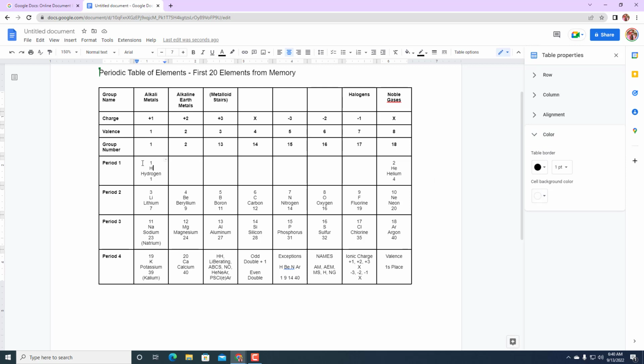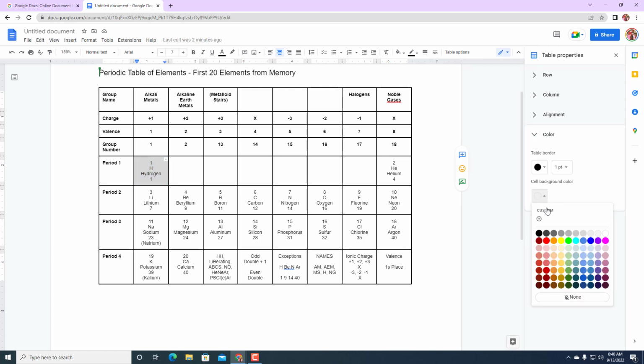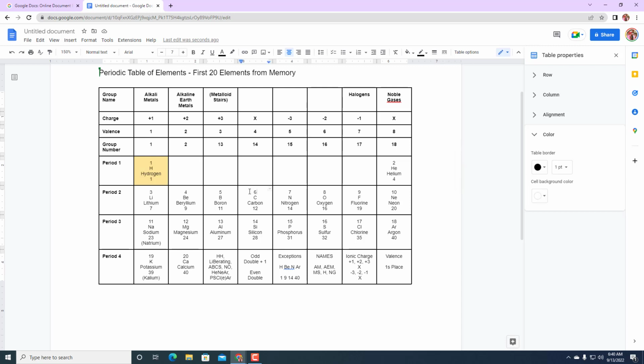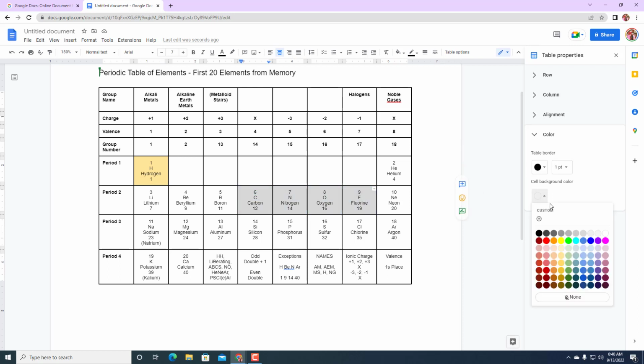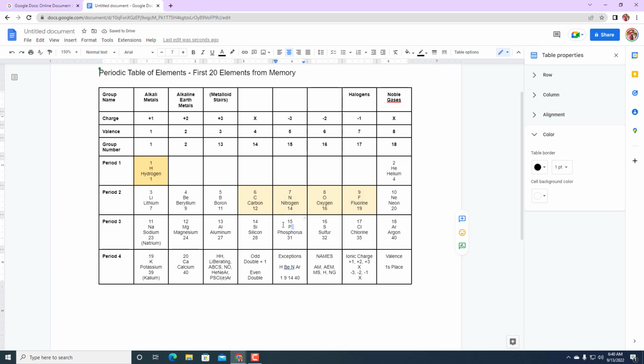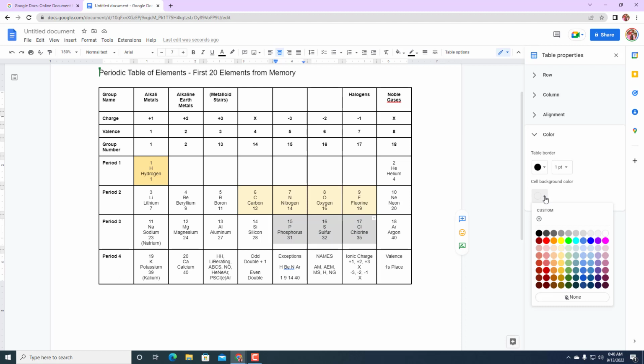So with hydrogen, one of the big things is recognizing that hydrogen is a little bit goofy in that it's going to be over here, and it matches up to carbon, nitrogen, oxygen, fluorine, as well as phosphorus, sulfur, and chlorine. Okay.